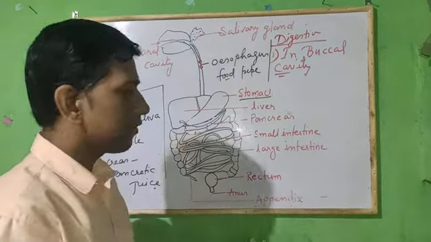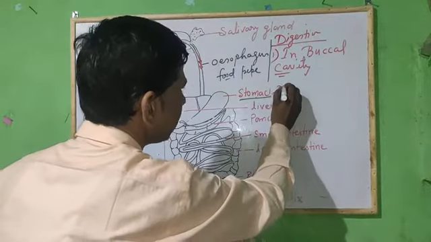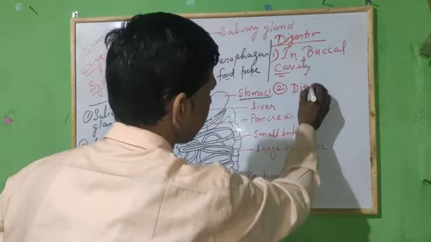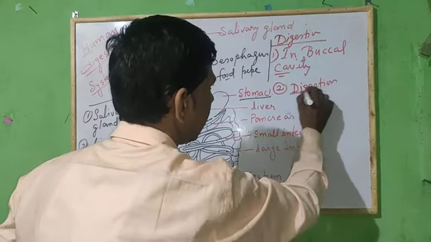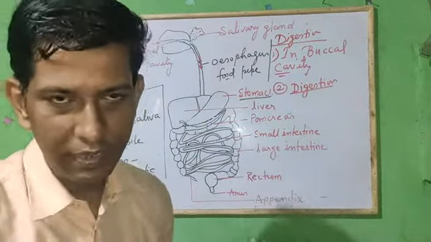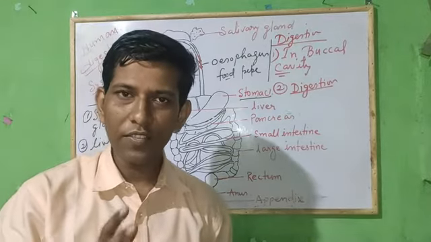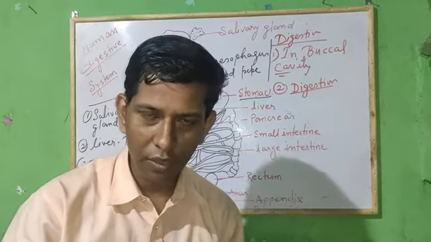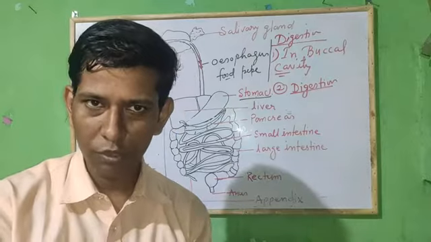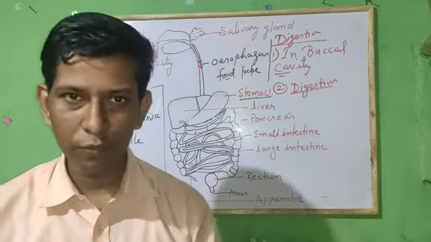After the process of mixing saliva and the food particles is over, the second step is called digestion. Here I want to mention, dear children, that digestion is the most important process of the digestive system, involving the conversion of complex food material into simpler and soluble food material.